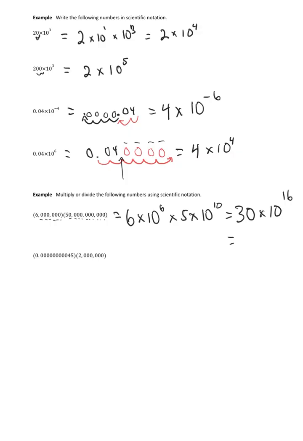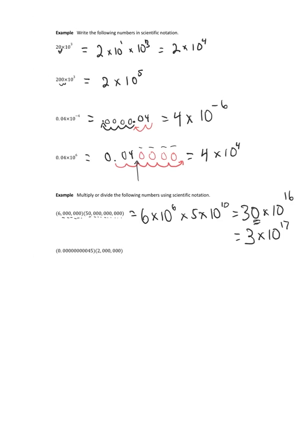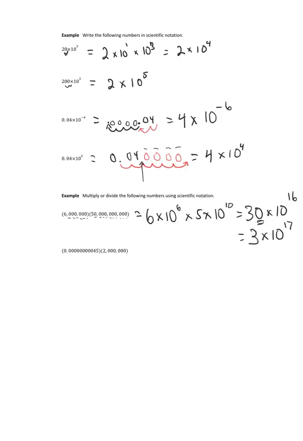But in order to make that proper scientific notation, I need that to be a 3 times 10 to the, well, let's see, I've got to get 16 places to the right, and then 1 more for that 0 there. So that's going to be a total of 17 places, 3 times 10 to the 17th. So notice that's going to be a huge, huge number, but I'm able to write it in this compact way.